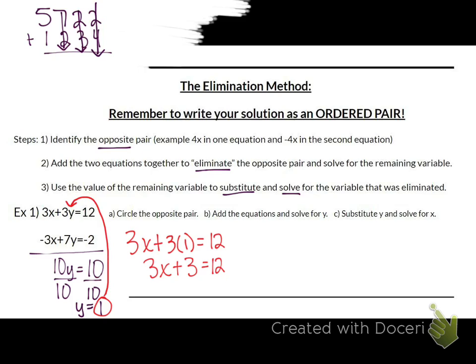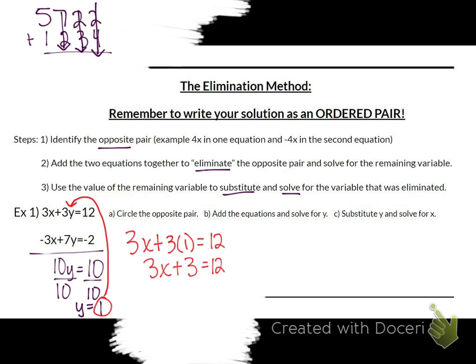My next step to get x alone, subtract 3 on both sides. Now we have 3x equals 9. Last step for x. Divide. X equals. Our answer should be written as ordered pairs. So what's my answer? 3, 1.